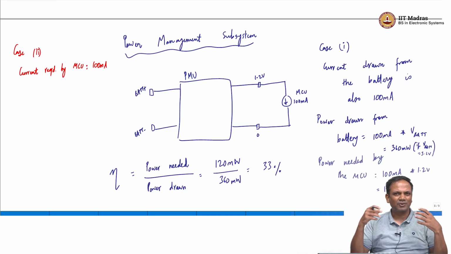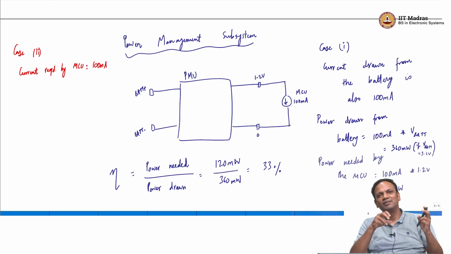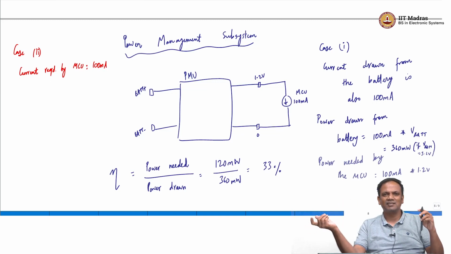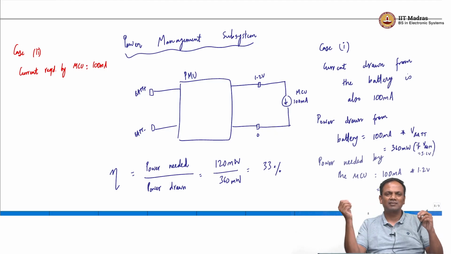We are going to do this in English, the implementation will look different, but let us try to understand it in English. If the output voltage that is needed is 1.2 volt and my battery is at 3.6 volt, it is effectively saying if I keep my battery on for 33% of the time, then I can service that current, because the amount of power it needs is 120 milliwatt. I have 3.6 volt. So, 33% of the time I will make this 3.6 volt available, and it will provide whatever current is needed.